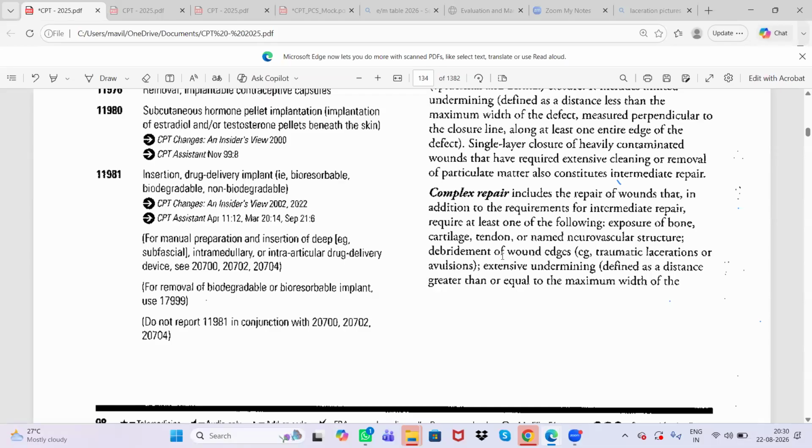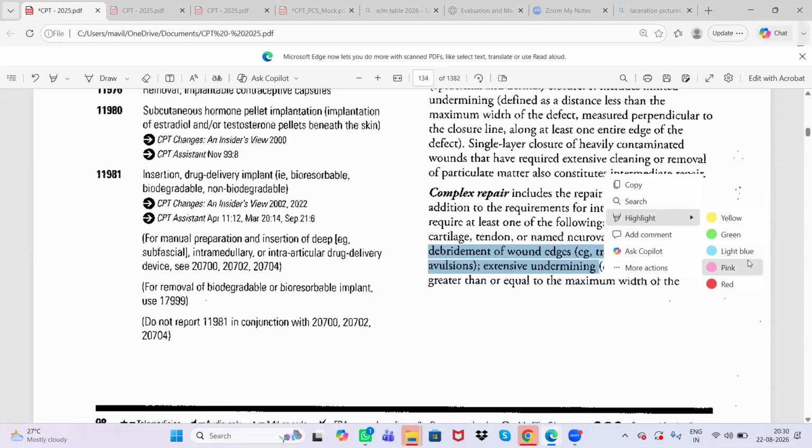debridement of wound edges. Okay, wound edges. Example, traumatic lacerations or avulsions, extensive undermining. This is another term which we need to remember for the complex repair. Okay, extensive undermining. What does it mean, undermining?